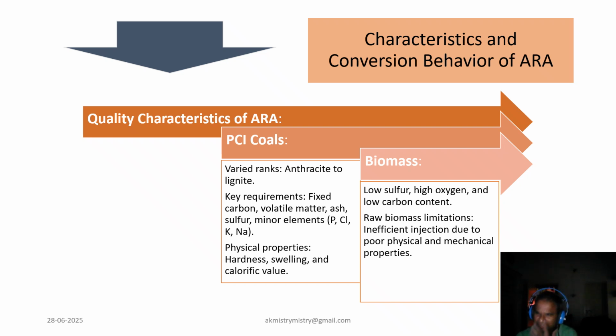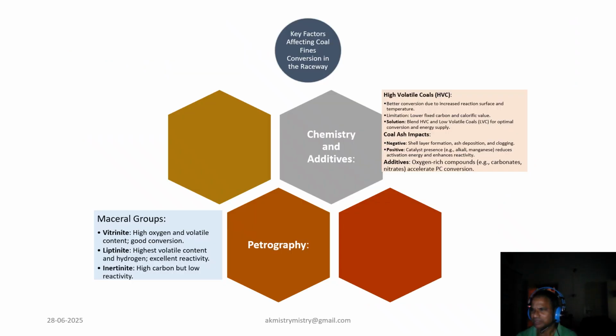So we have to choose according to our purposes, and match our agenda of sustainability in using biomass. Now coming to raceway chemistry and coal behavior, as you must know, the reaction time in the raceway is just milliseconds, and that's where coal reactivity matters.